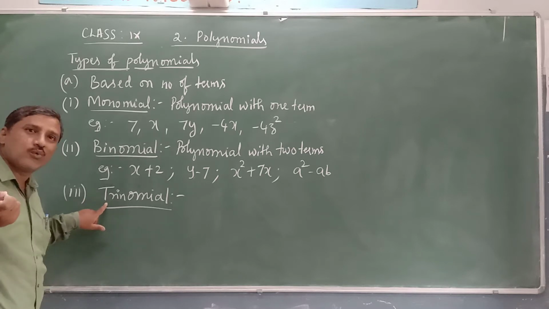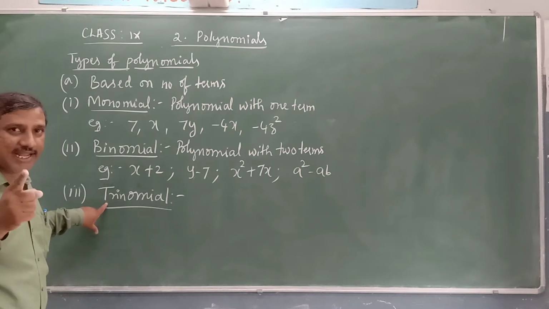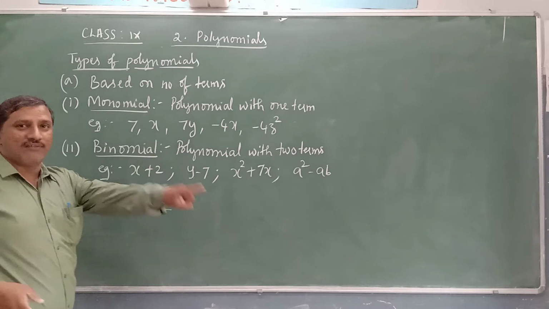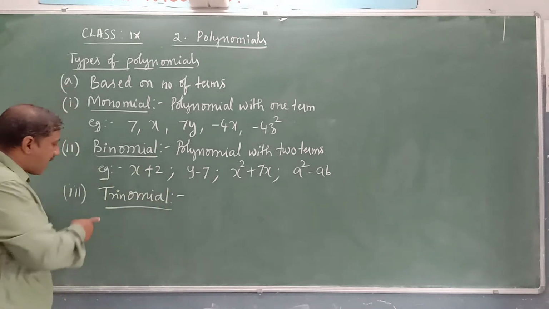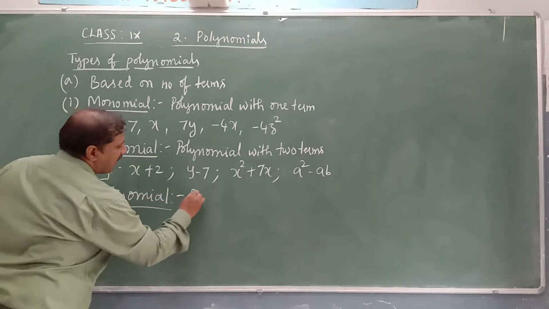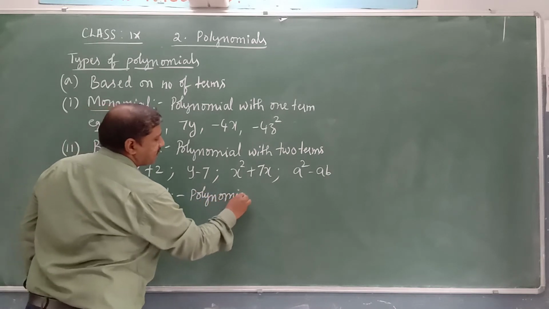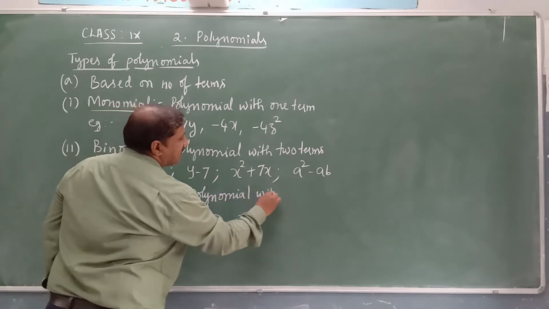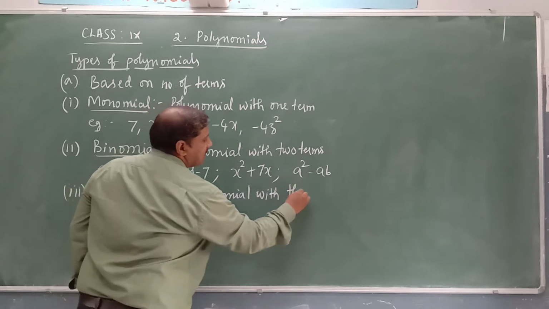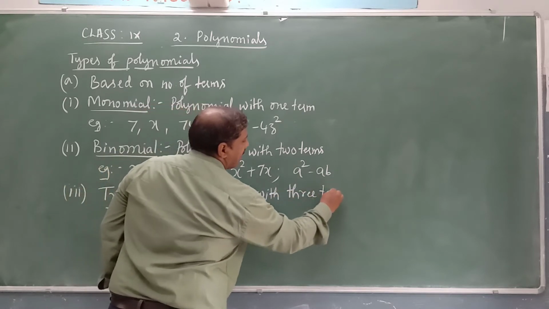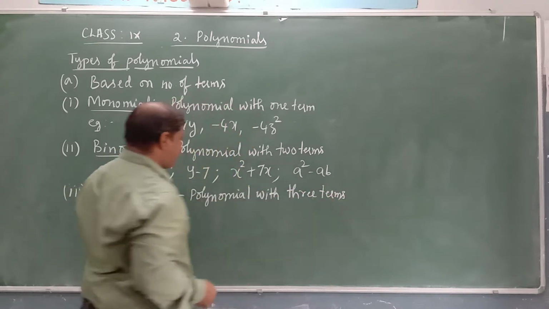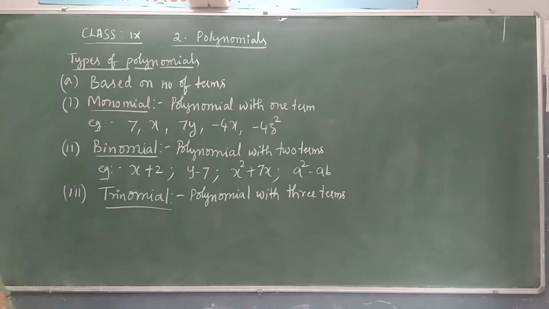Now can you guess what is a trinomial? Yes, a polynomial with three terms is known as a trinomial. Polynomial with three terms is called a trinomial.